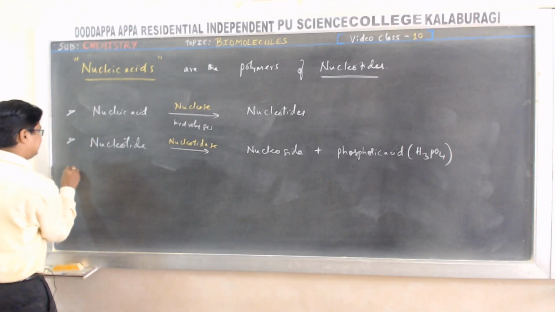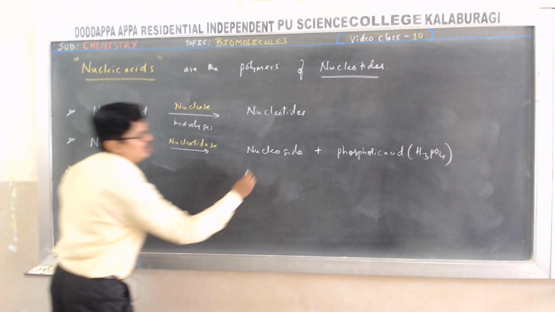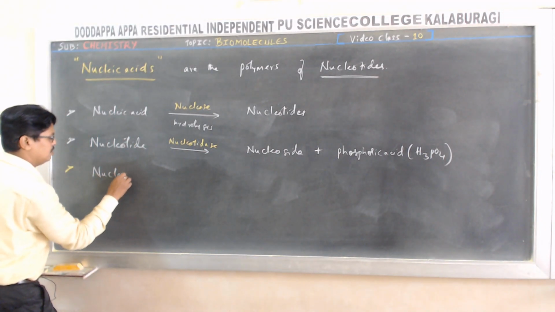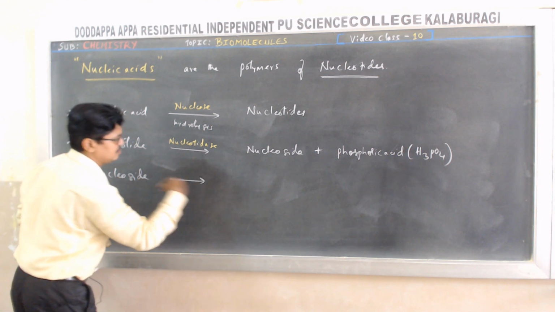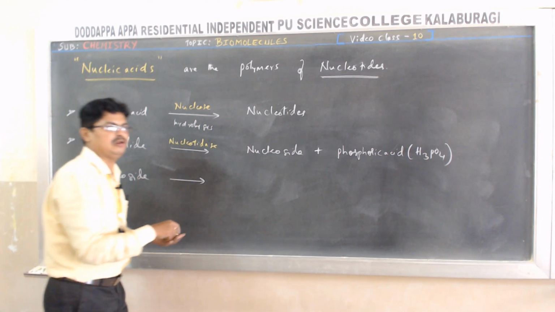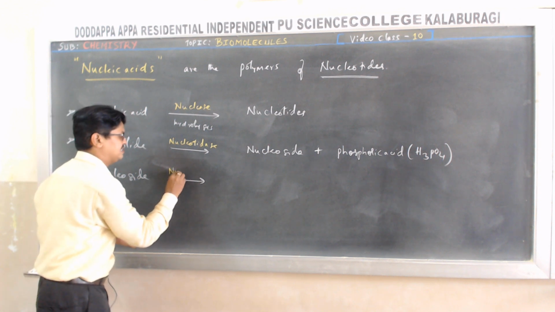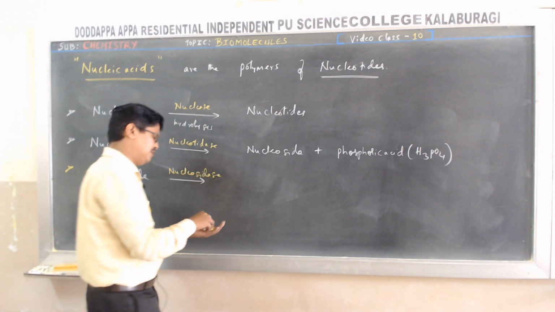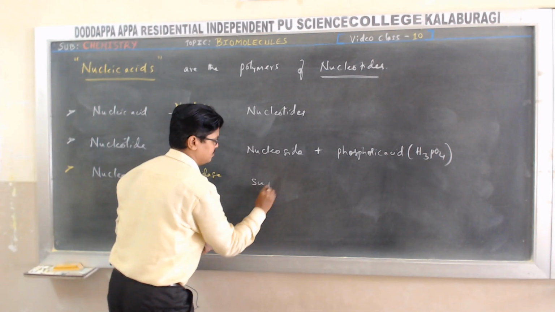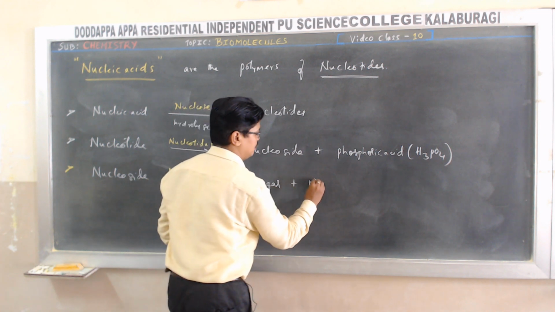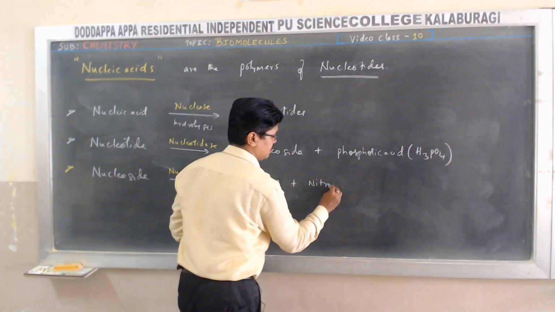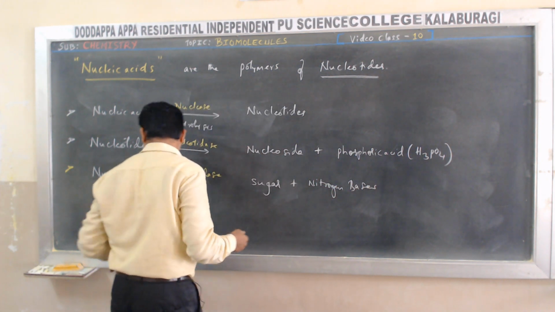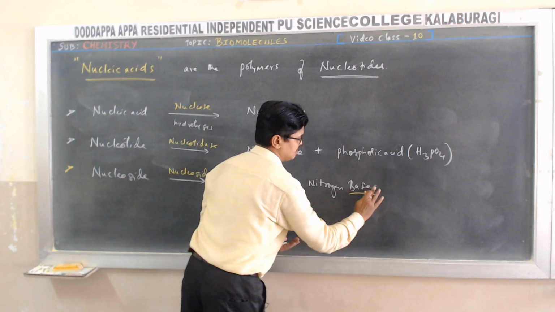Next, what about nucleoside? Subject nucleoside to hydrolysis in the presence of the enzyme nucleosidase. It gives sugar plus nitrogen base, or simply you can refer to it as base.